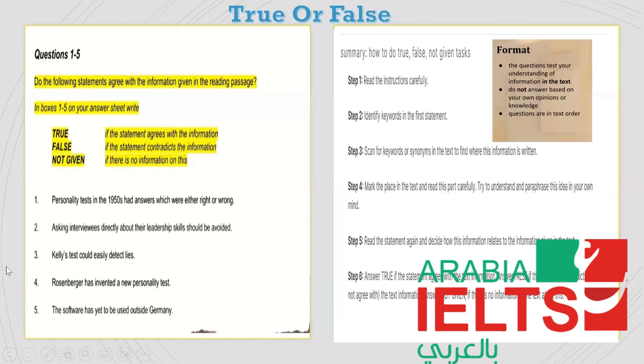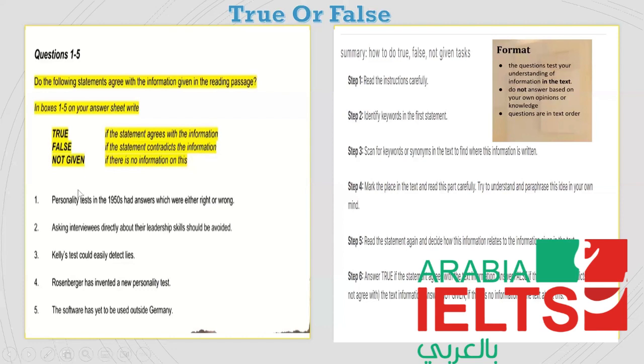Now, how to tackle: I have to go through each question one by one and select my keywords. In this one specifically, keywords are words that could be paraphrased.